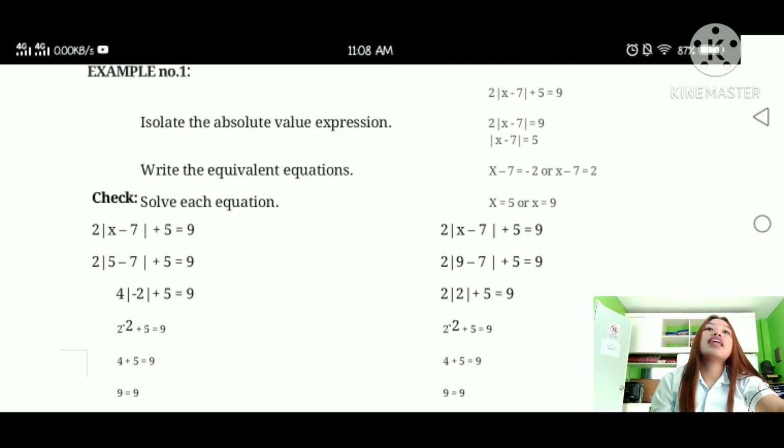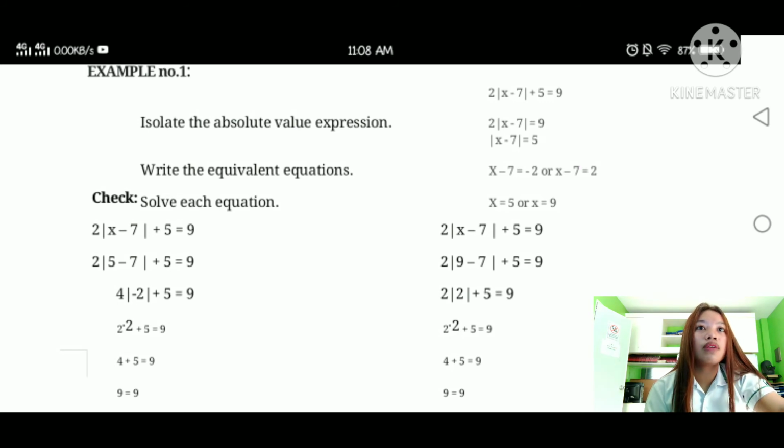On the other side, 2 times the absolute value of x minus 7, plus 5, is equal to 9. So substitute the number 9 for x, and then 9 minus 7 is equal to 2.